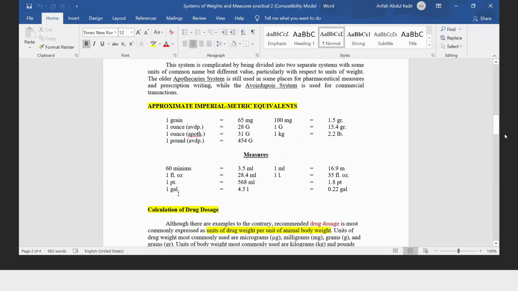Usually drugs for livestock animals are mixed in water, so how many milligram of drug is mixed per gallon. You need to know the conversion in liters: it is equivalent to 4.5 liters.